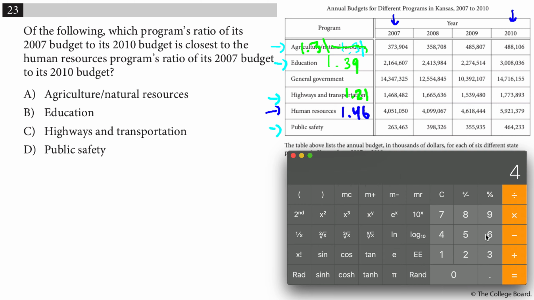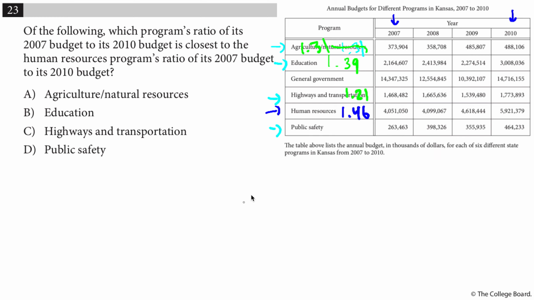So 464, and this one already looks way too big, but let's check. 464,233 divided by 263,463, and I get 1.76. And now of all of these, the one that's closest to 1.46 is for education.